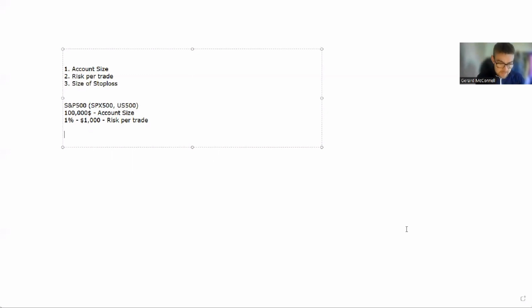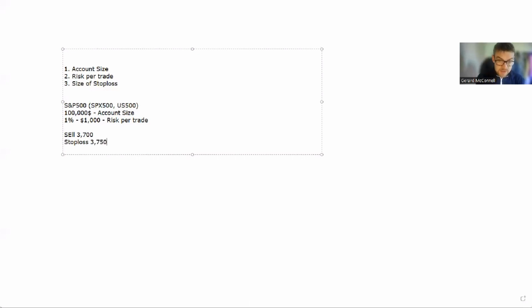So if we're taking that S&P example, and let's say we've done a particular piece of analysis and we're looking to sell at, I'm just going to use a round number as a hypothetical scenario, 3,700, and we have the stop loss at, let's say, 3,750.